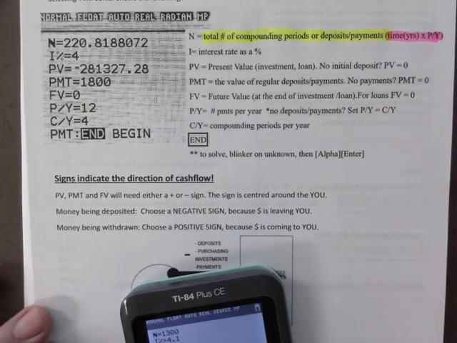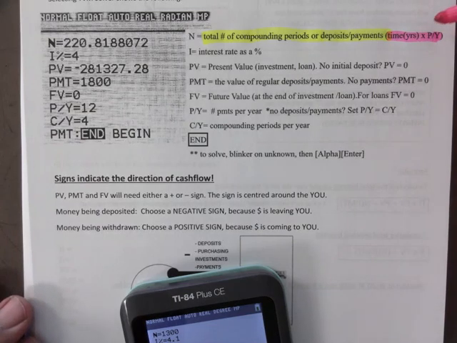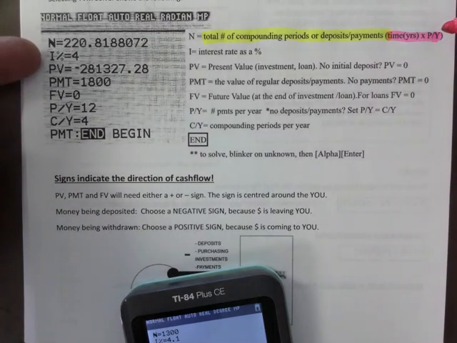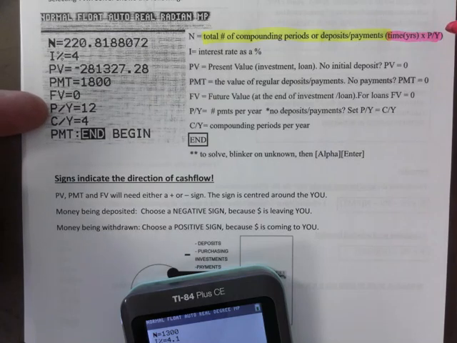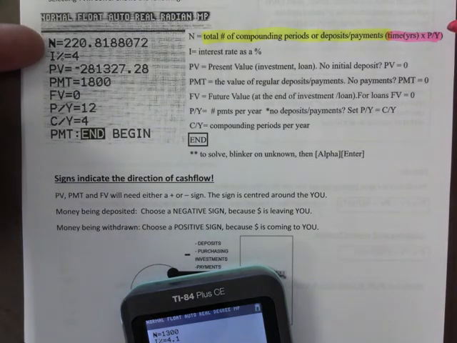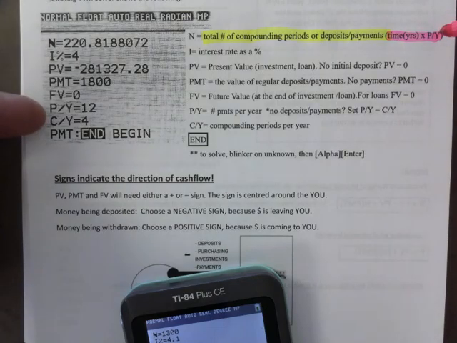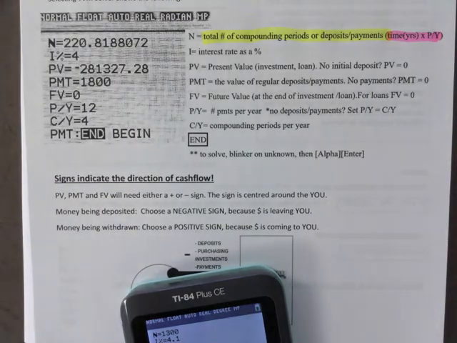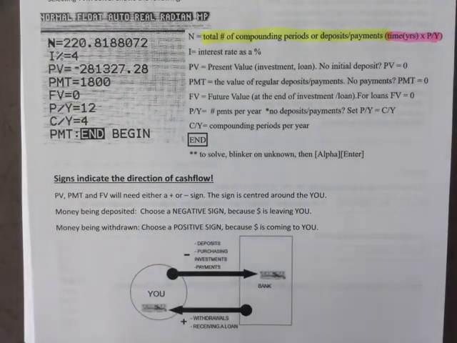Give this a different color. Where is PY? Look at where my finger is. PY is right there. So whatever you put in N, you take your years and multiply it by whatever we deem PY to be. That's very dependent on the question. Right now it's a little bit too much, but you'll be all right.